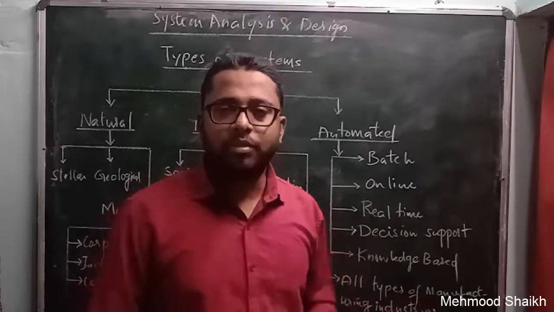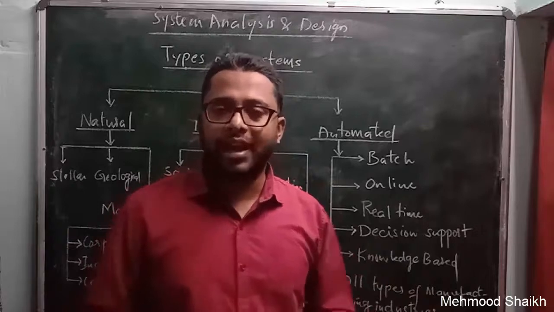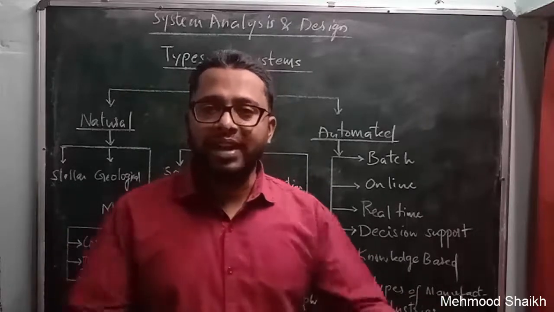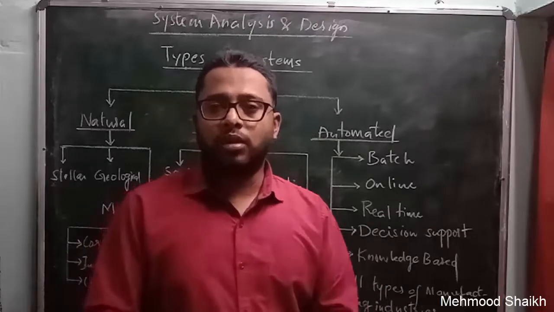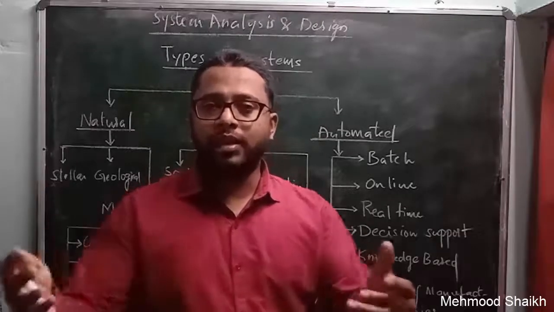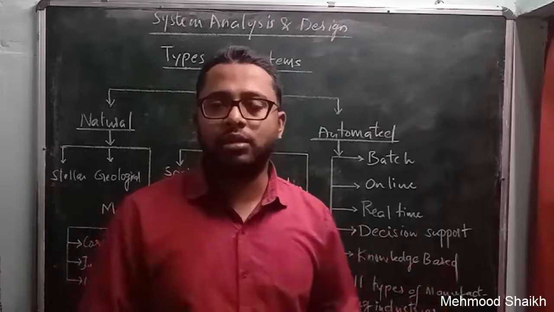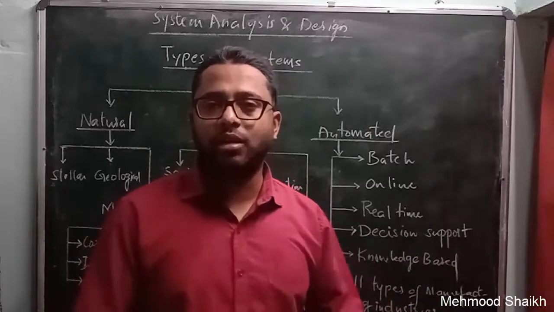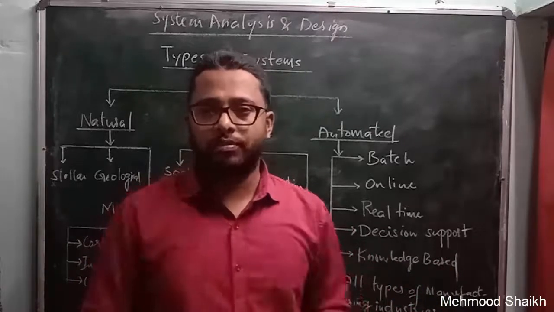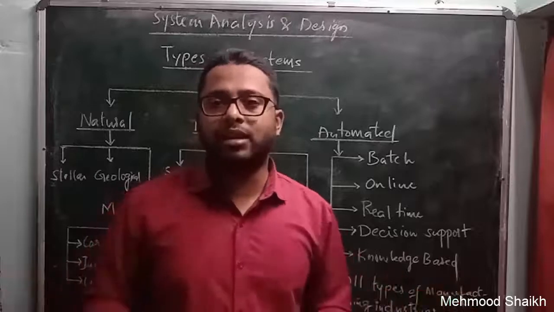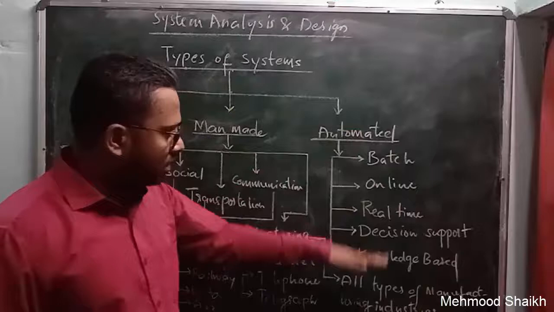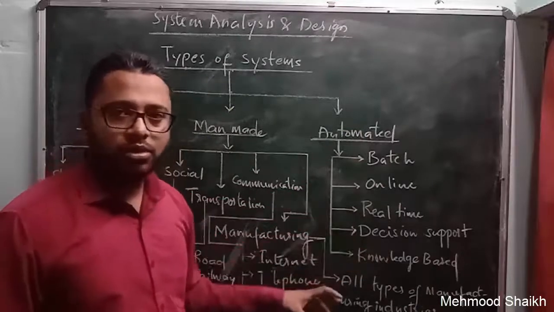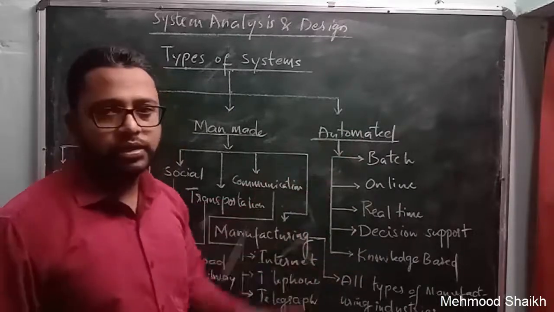Okay, so if you take an example of research centers, in a research center, experts from various fields come together and they have a common problem, and to solve that problem various experts will share their thoughts, they will share their experience and knowledge to solve that problem. And now that entire system we can call it as a knowledge based expert system. These are the various types of systems or categories that come under automated system.